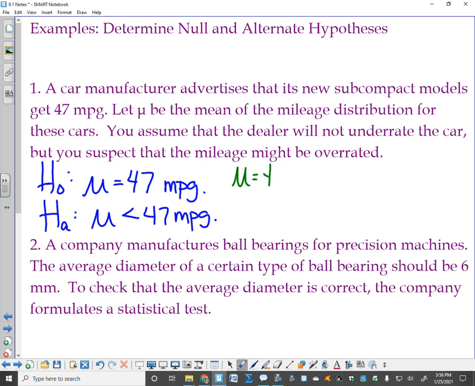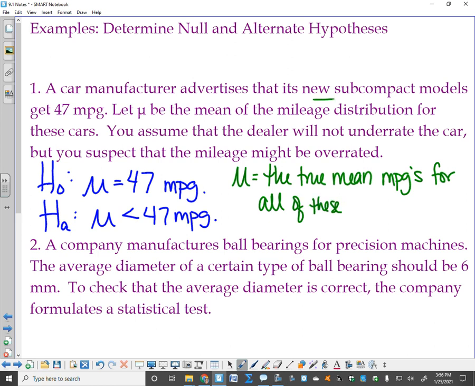So mu is the true mean MPGs for all of these new subcompact models.